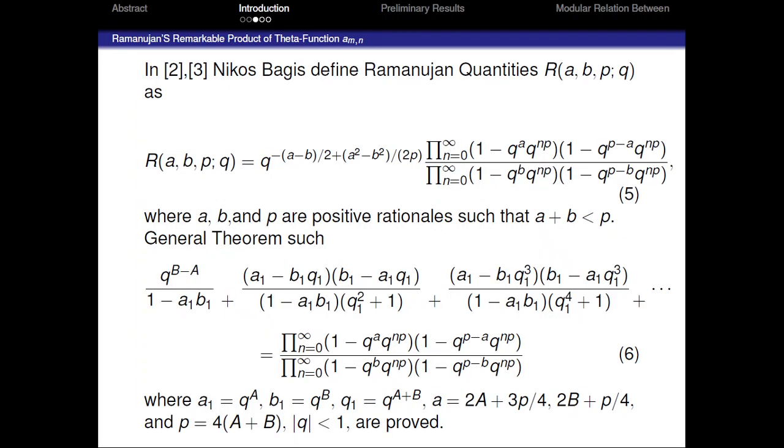Nikos Bagis defined Ramanujan quantities R(a, b, p; q) as follows.